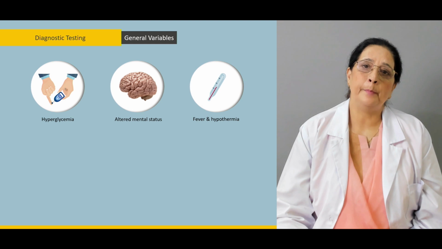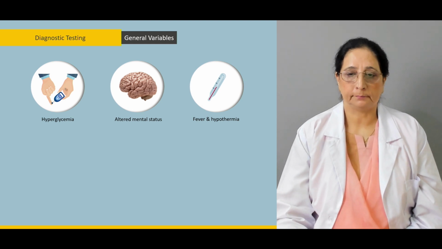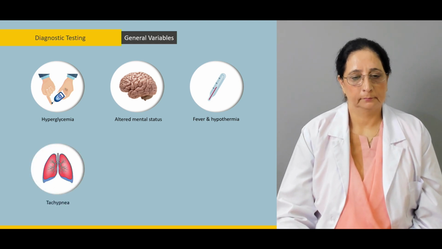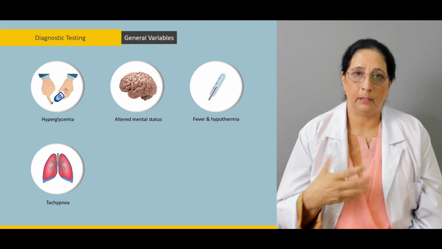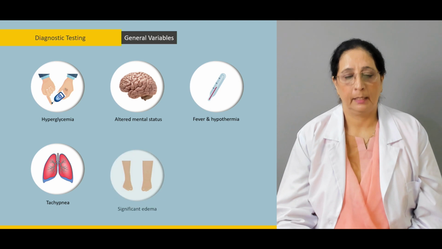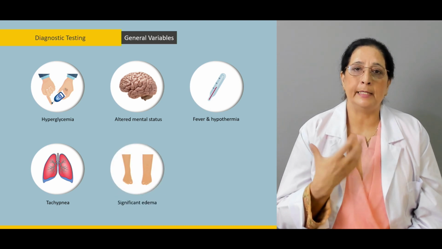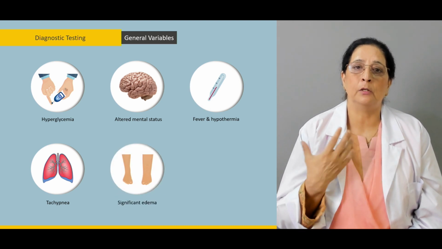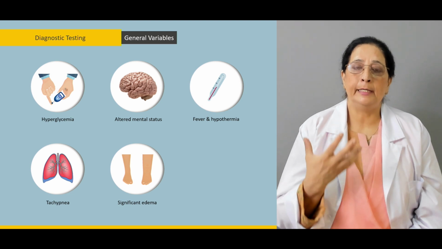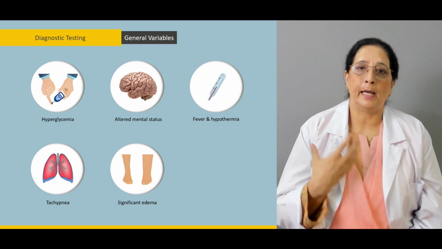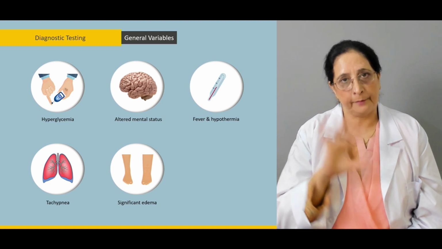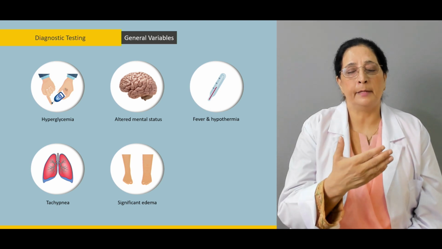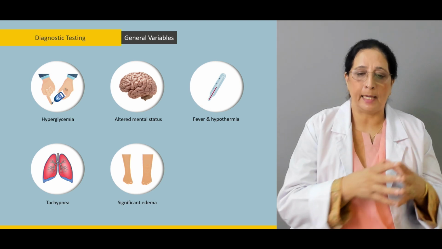Fever and hypothermia. Tachypnea, there is fast breathing present, again to overcome that deficiency of oxygen or hypoxia. Tachycardia, to overcome the decreased pumping or decreased blood supply. So both factors can occur as a compensatory mechanism.